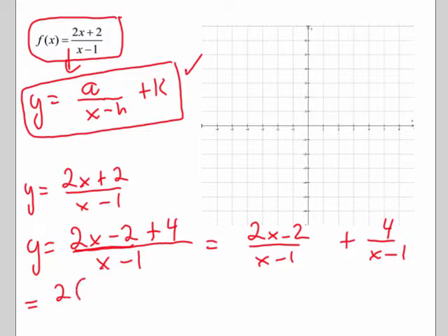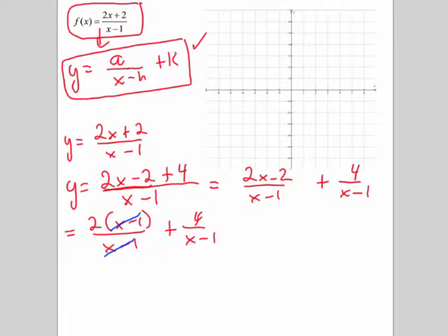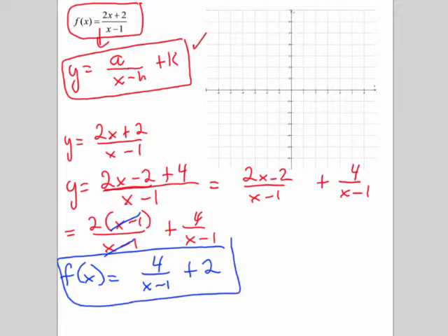Okay, I'm going to factor now. And these are going to cancel out. And you'll notice that I've now got my f of x down to 4 over x minus 1 plus 2. In other words, I've turned my equation into this transformed form.